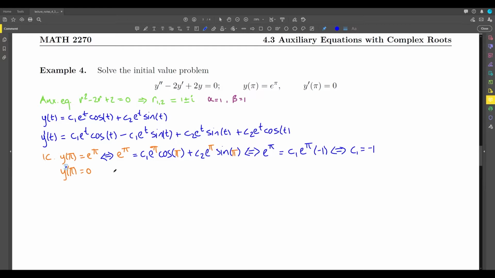So that leads to the equation 0 equals, and now we have to plug in pi here, c1 e to the power pi cosine of pi minus c1 e to the power pi sine of pi plus c2 e to the power pi sine of pi plus c2 e to the power pi cosine of pi.